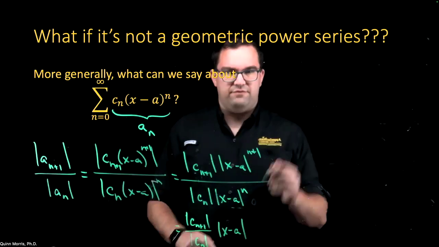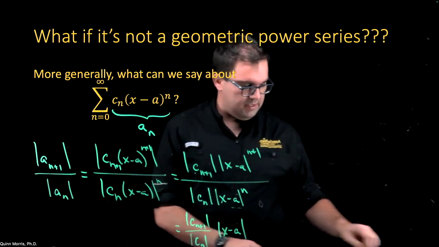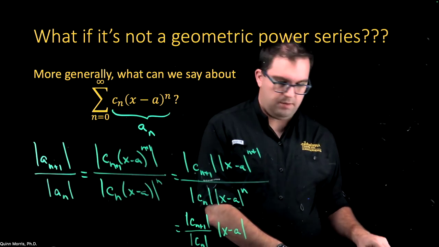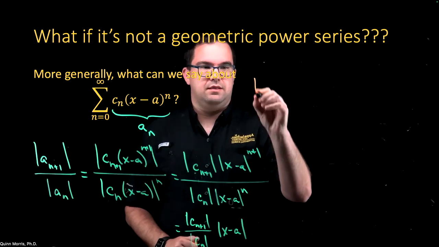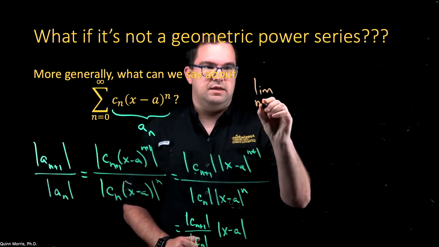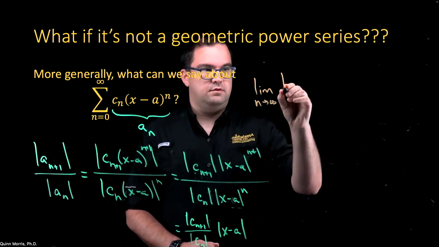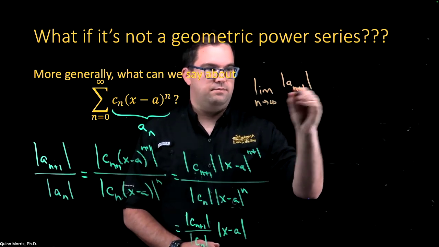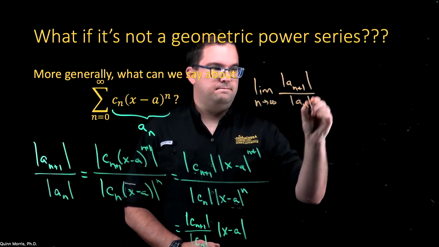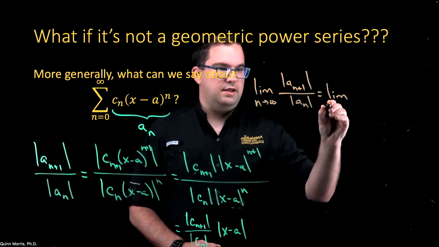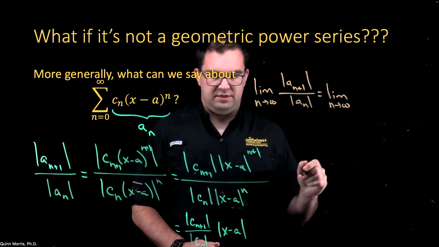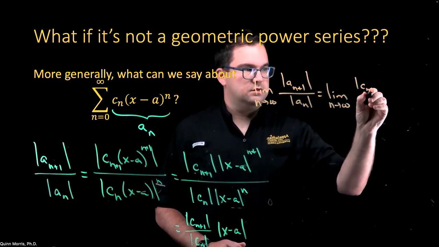And so if I were going to apply the ratio test, then I would come over here and say, okay, well, let me take the limit as n goes to infinity of this ratio. Of course, we've simplified this a bit.